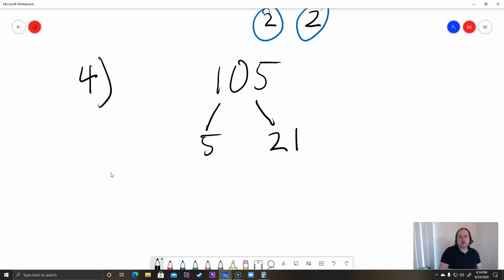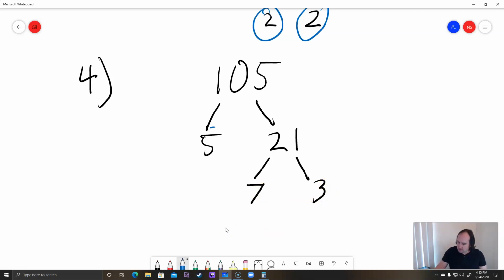And then we shouldn't need a calculator for the rest of this, because 5 is a prime number, can't be factored. But 21, from our times tables, we should know that 21 is 7 times 3. Okay, and then 7 and 3 are prime numbers, so we know that we're actually done here.